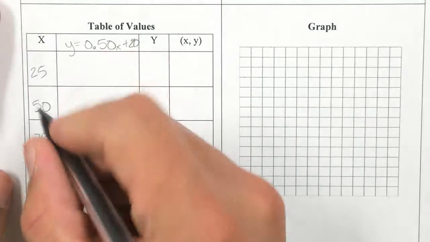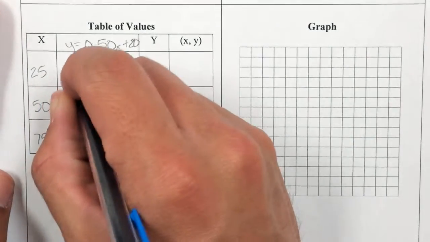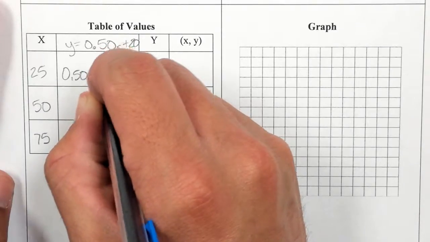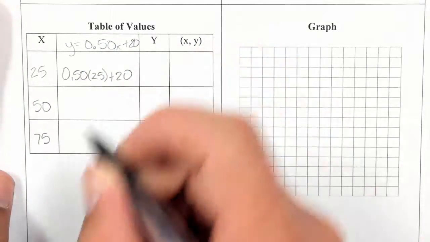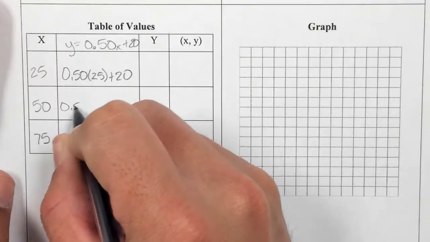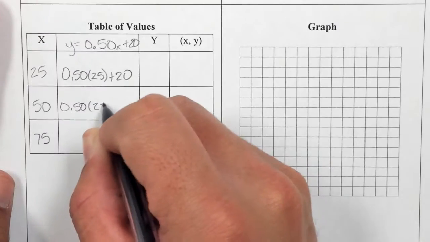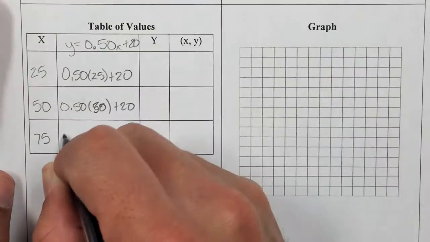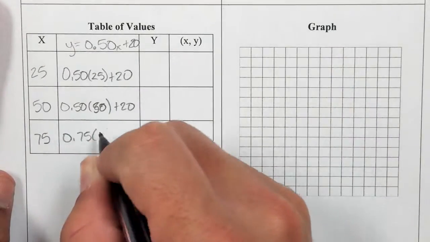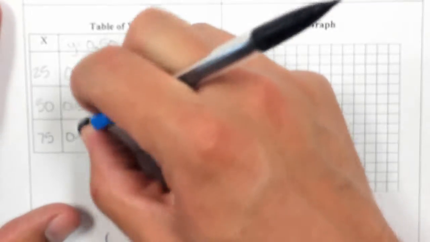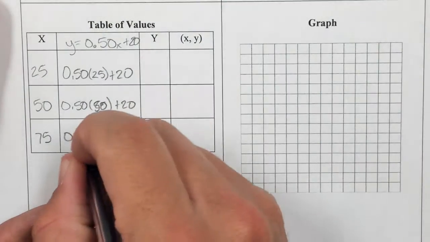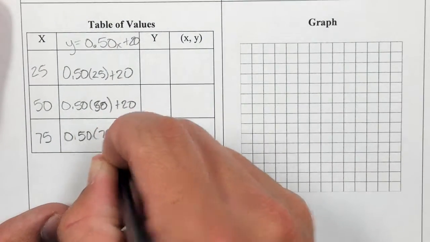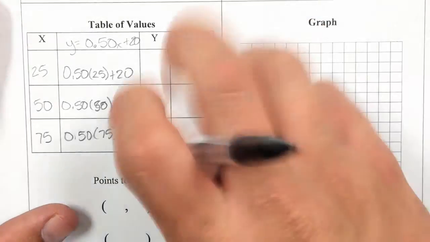Okay, so we fill it out. We've got 0.50 times 25 plus 20, 0.50 times 50 plus 20, and 0.50 rather, times 75 plus 20.